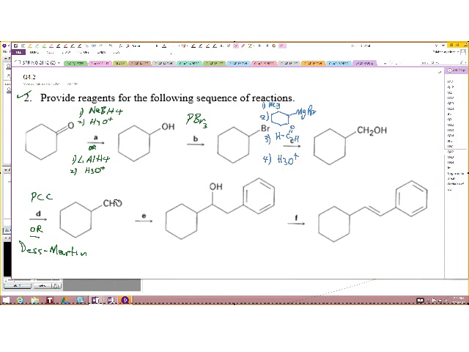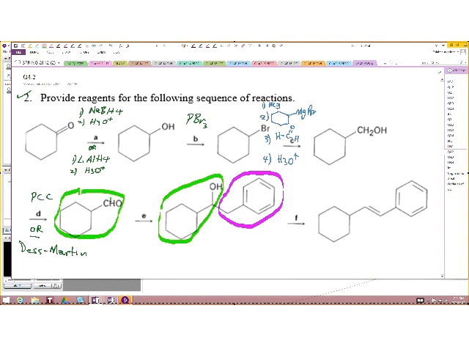So in this case, we are going from an aldehyde to a secondary alcohol, so you have to think Grignard at this point. This part of the molecule will be your Grignard part, and this part will be this aldehyde right here. So what is the Grignard reagent that we need? Let us write it here. That will be this here.